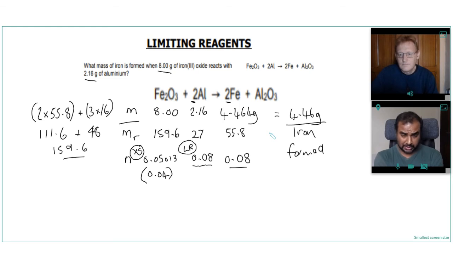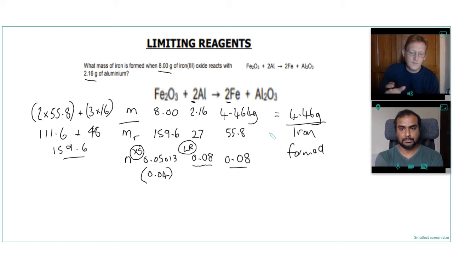And I'm guessing that if they assume that iron oxide is the correct one, just hypothetically, they went for 0.0503 as the 1 mole, they'll soon find out that the aluminium doesn't compute, because that'll be like 0.1 or something. So yeah, they could work out the other way around as well.